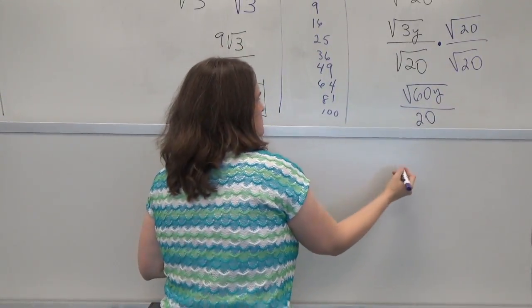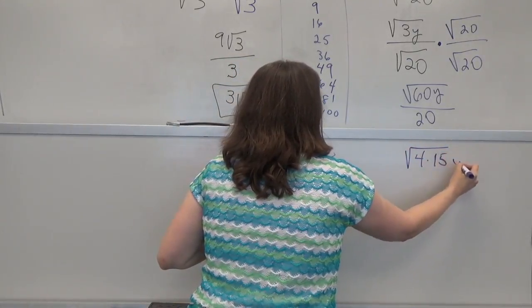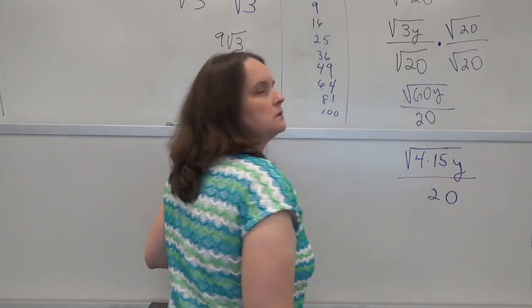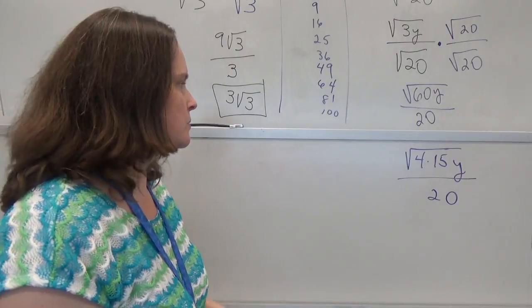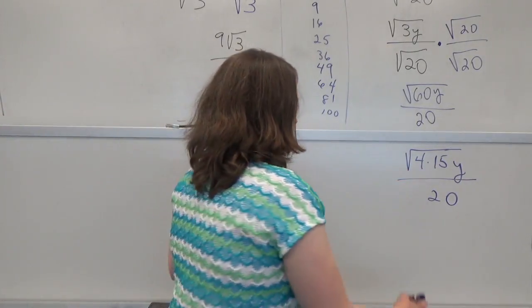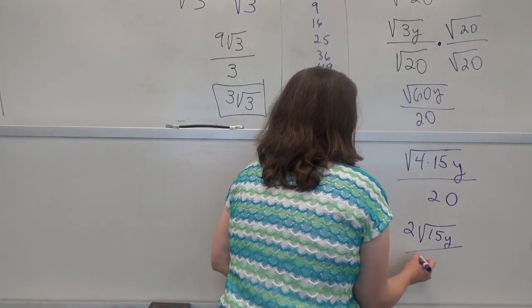So we have square root of 4 times 15y over 20. Hopefully you see how this helps me. The square root of 4, I can do that, and that just gives me 2. So I've got 2 times the square root of 15y over 20.